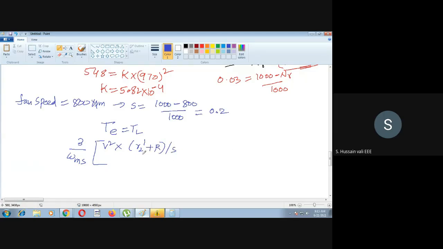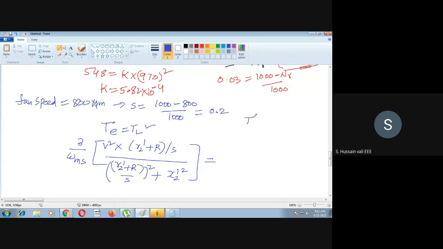When you insert some extra resistance, that comes in series with the rotor resistance. Divided by (R2 dash plus R by S) whole square plus X2 dash whole square. So this is the electromagnetic torque, and this should be equal to the load torque.